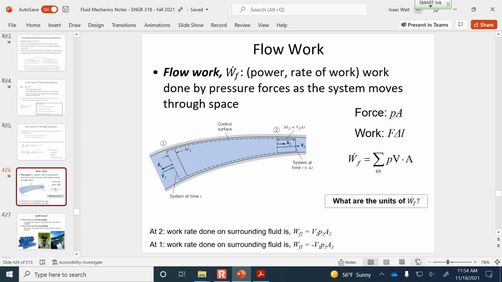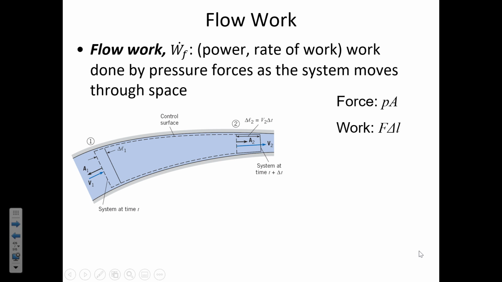All right. Now, part of the beauty of the energy equation is that we can begin to take into account the amount of energy that's consumed per unit of time. And so the flow work that's exerted is the pressure forces on the outside of a control volume that are driving that system as it flows through a conduit.